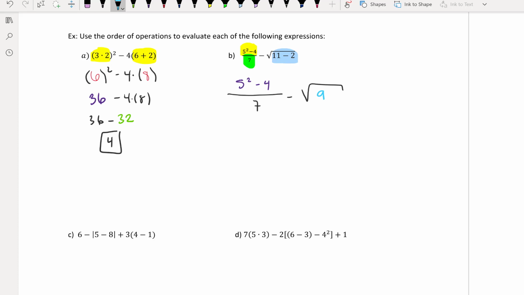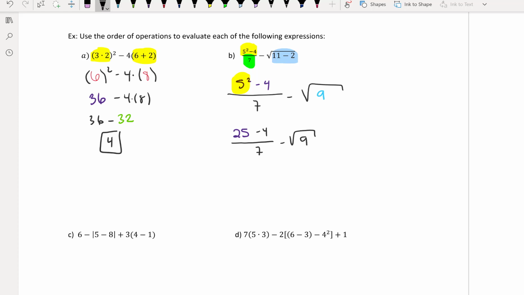So now I want to look at that fraction, and I definitely want to simplify that first numerator. In that numerator, I have an exponent and I have subtraction. The thing that's going to come first is going to be the exponent. So I'm going to have this as 25 minus 4 over 7 minus the square root of 9.